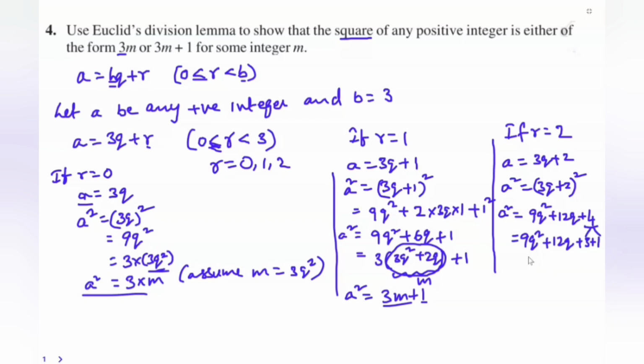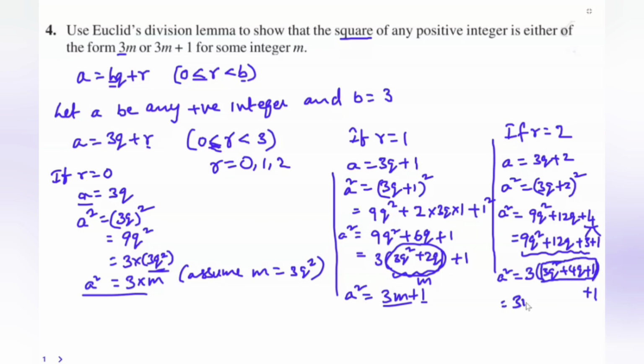Next, in the first 3 terms I will take 3 common. So a square is equal to 3 into 3q square plus 4q plus 1, and then plus 1 again. So here also you got a square is equal to 3 into some integer m, so 3m plus 1.